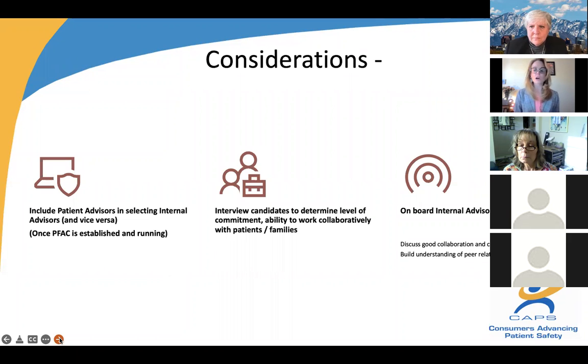And they are focused on quality and safety. So how do you plan on utilizing PFAC in improving quality and safety throughout the hospital? It's not to put them on the spot. We send them the questions ahead of time. It's just to help them think about, is this really something that they want to do? And how are they going to ensure that we're successful? All right, next slide.